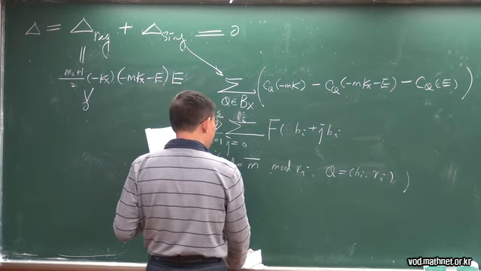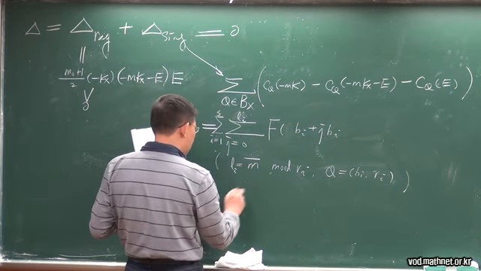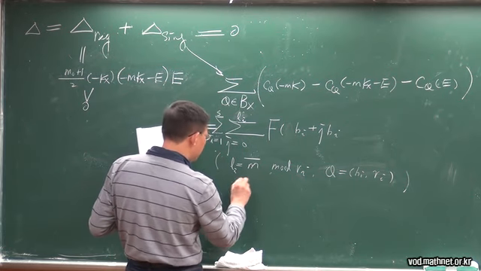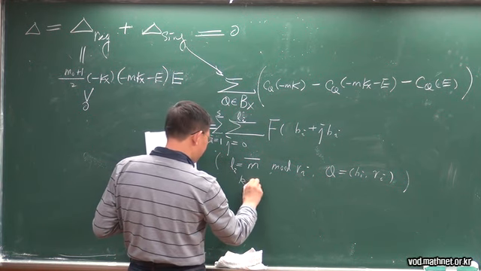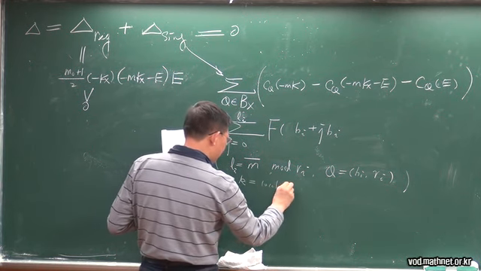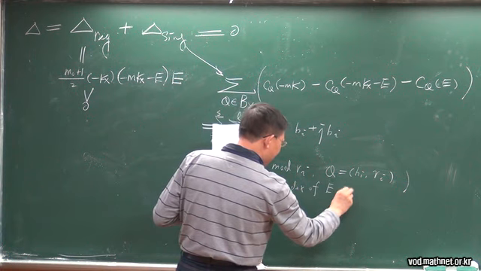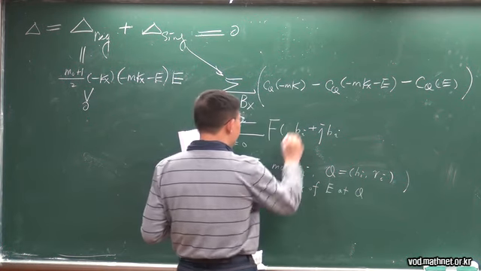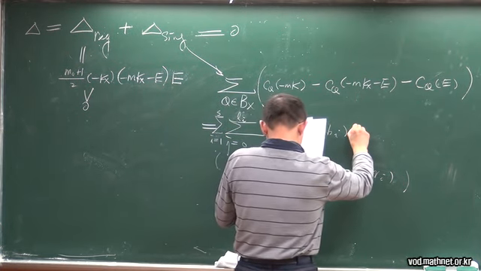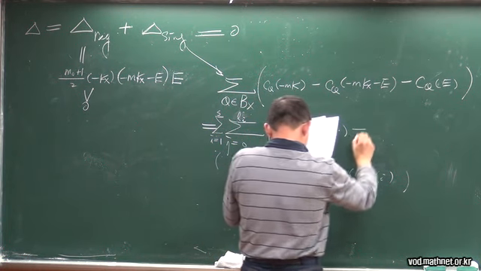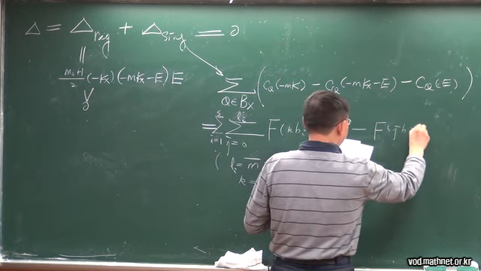So this index, let me denote by, sorry, maybe K. K is the local index of E at Q. Okay, so this is K minus f(j B_i).